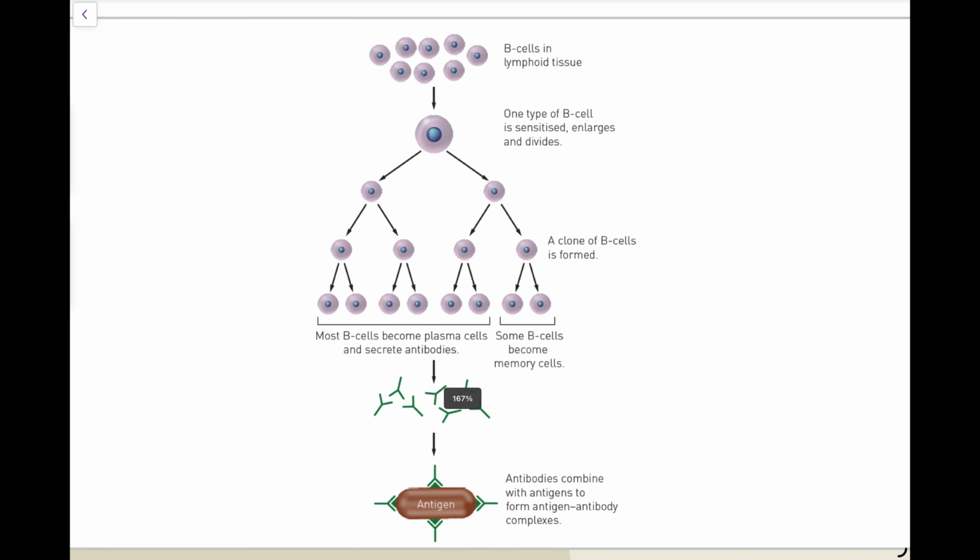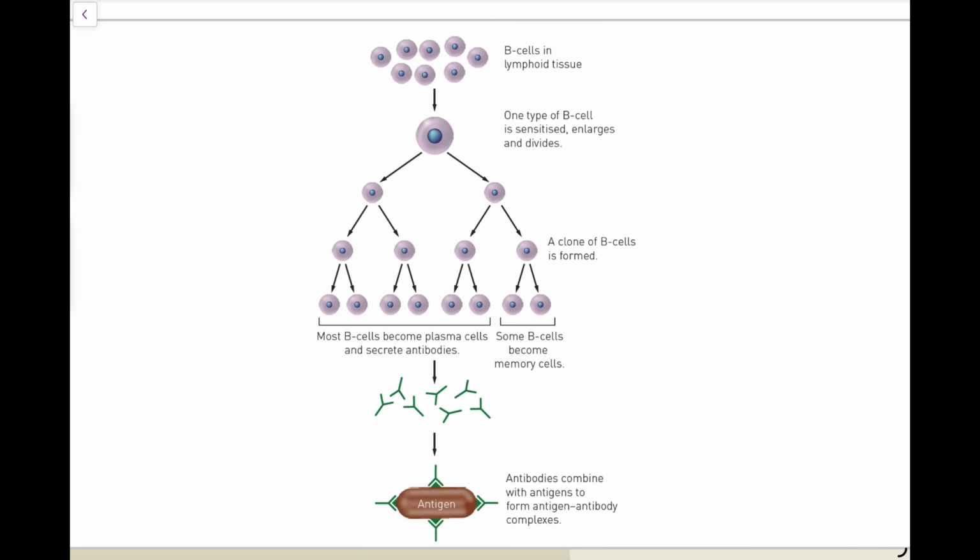When we're looking at B cells, this is now coming back to our idea of this humoral response. So up the top, we have our B cells in our lymphoid tissue, so in the lymph tissue, lymph nodes around the body. And what happens next is our antigen-presenting cell travels to this tissue.